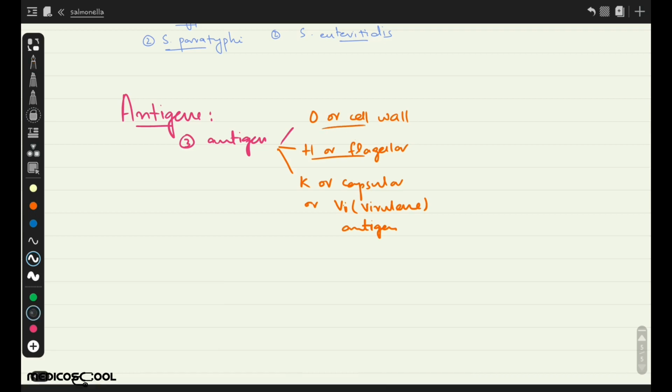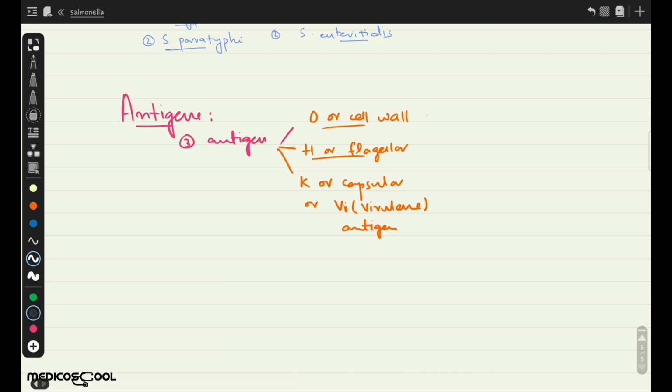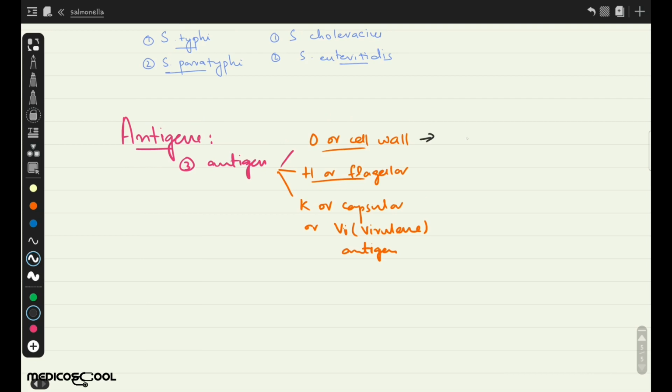What does the O or cell wall antigen help in? It is used to subdivide Salmonella into many groups, from group A to I.